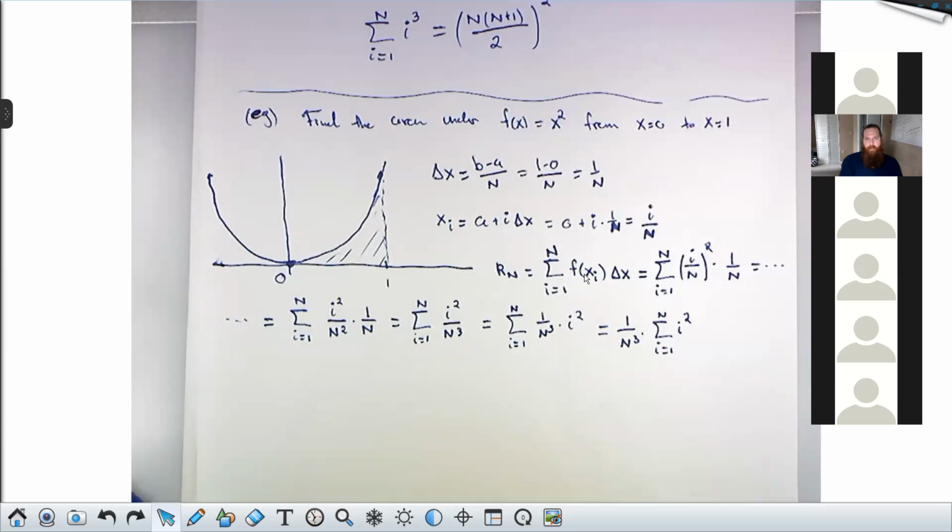So f of anything is what you get when you plug that thing in for x, right? Like f of 2 is 4 because 2 squared is 4. f of 3 is 9 because 3 squared is 9. f of some thing is that thing squared because the function is x squared. So I'm plugging this in for x here.